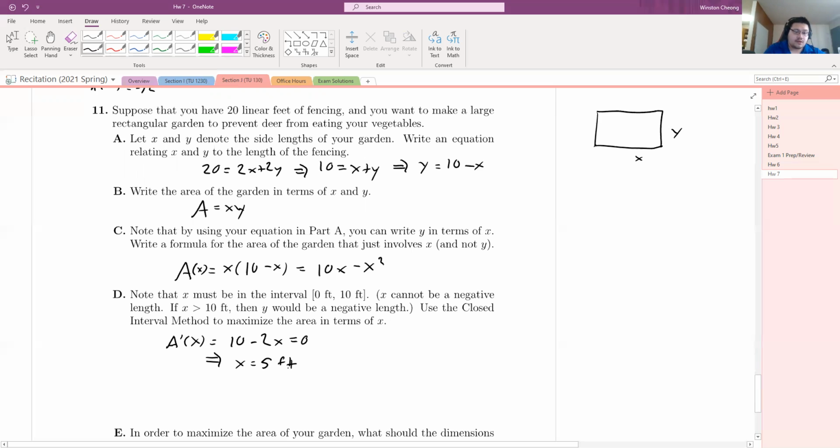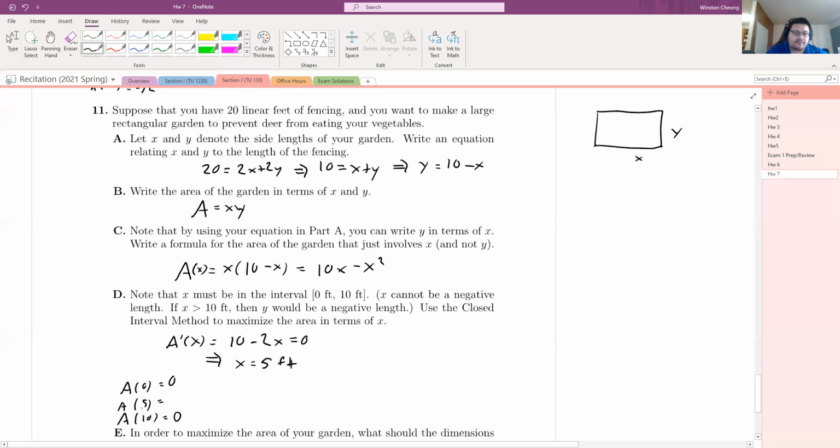Now, the closed interval method says we should plug in at the endpoints as well, but here we have something nice: because our endpoints were so conveniently chosen, when we plug into this area formula, we just get 0 since the rectangles are degenerate. We immediately know those are 0.